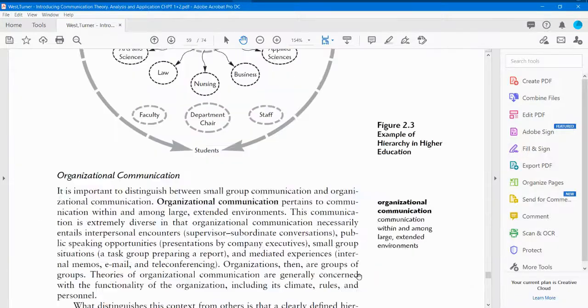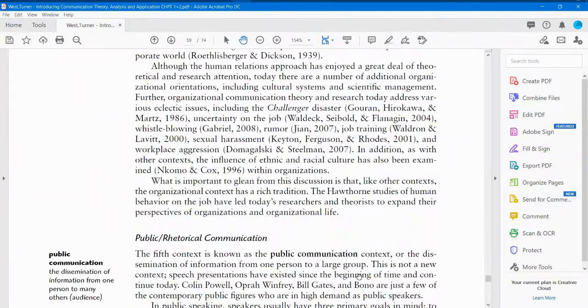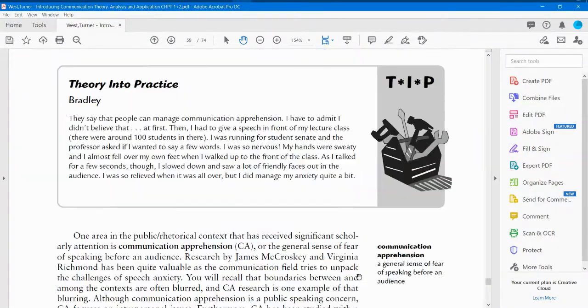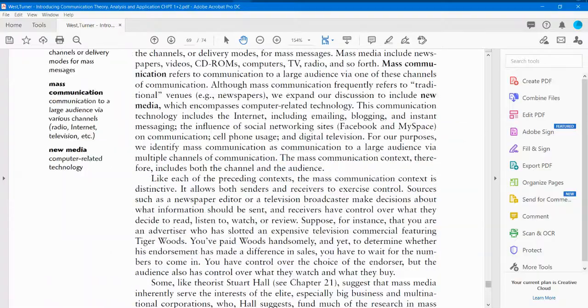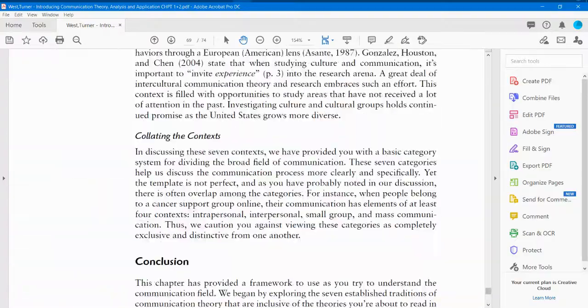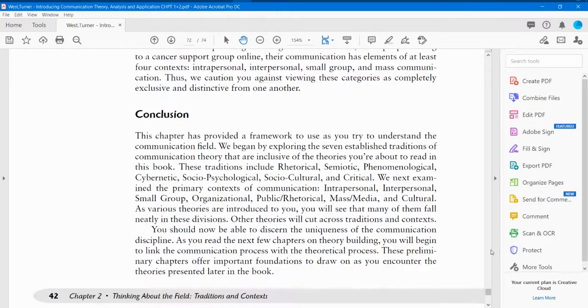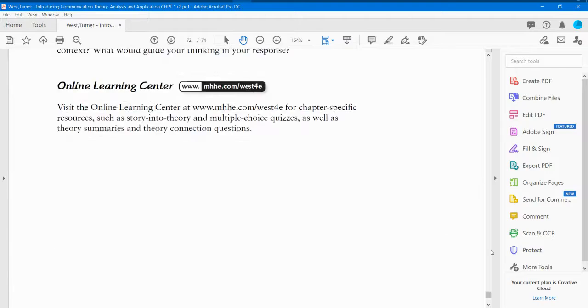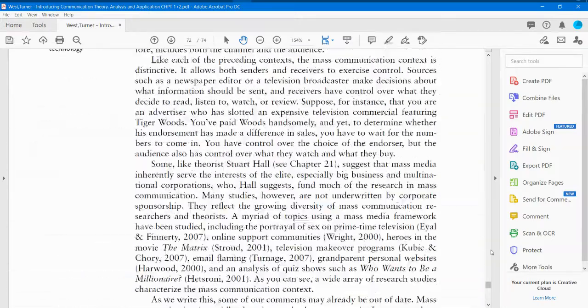And as you go through chapter 2, you will notice that there are specific sections, again, like I said, theory into practice. These sections you don't need to worry about. Just focus on the sections that are salient. Okay, and that's the end of chapters 1 and 2. So, like I said, it's very simple.